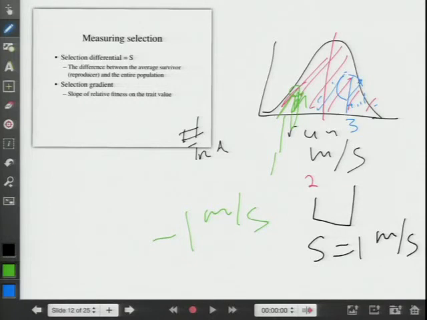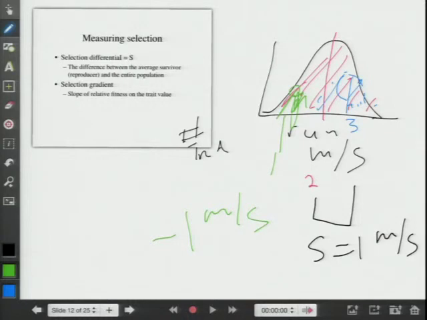So it's in the units of the trait that you're looking at, which is great, except what if we want to compare strength of selection on running speed in lizards with, like, rate of ear growth in elephants, with digestive efficiency of mice? We're interested in comparing strength of selection across all different kinds of stuff. But we have this metric S that is in units of the trait.